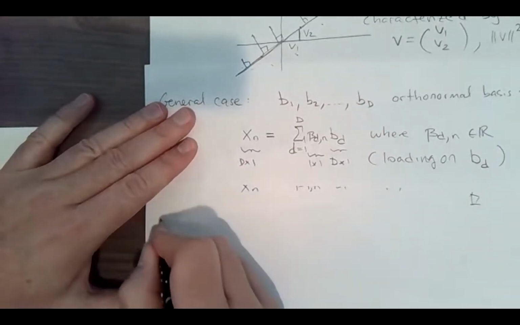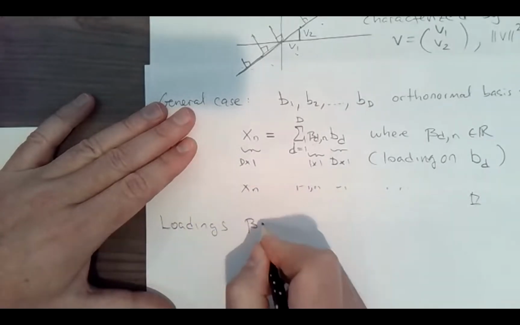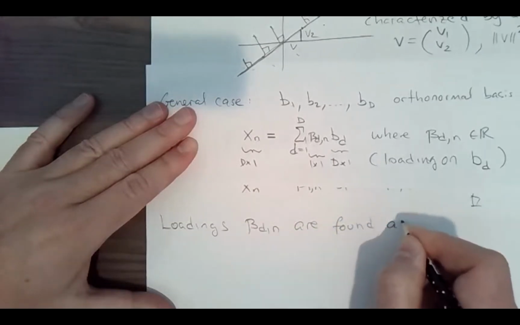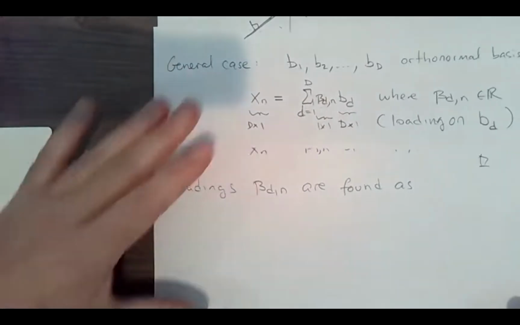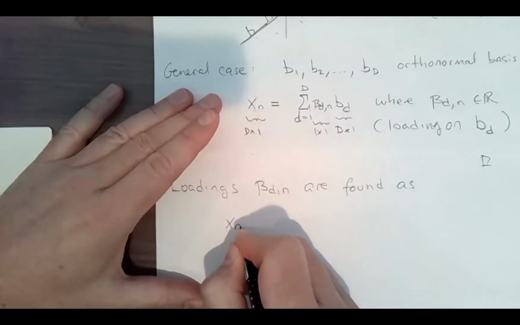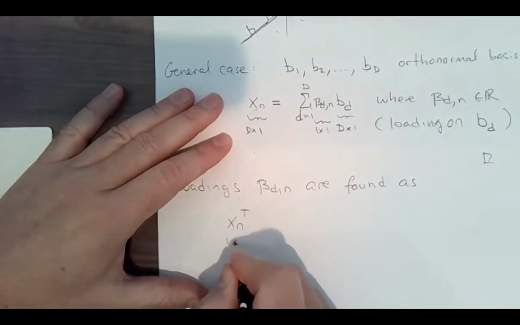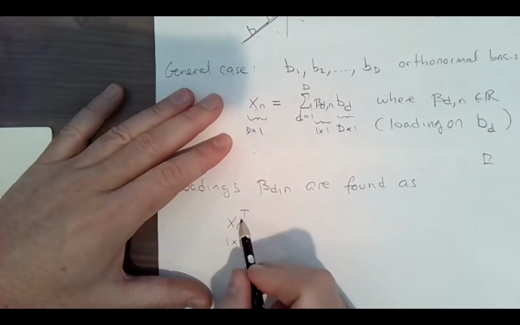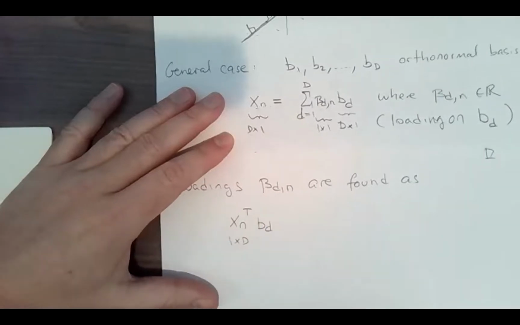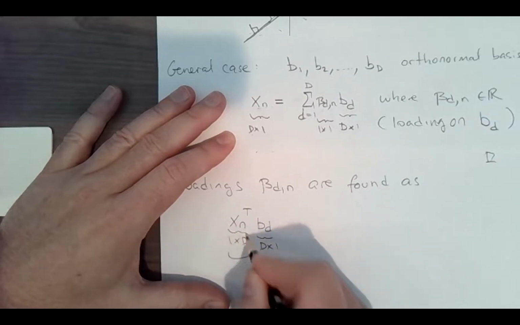So the loadings, these beta DNs, are found as follows. If I look at xn, this is a d by 1. If I transpose it, I get a 1 by d. Together with bd, which is a d by 1, this is overall 1 by 1.